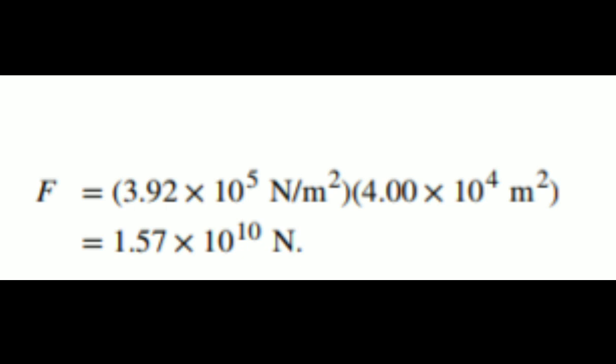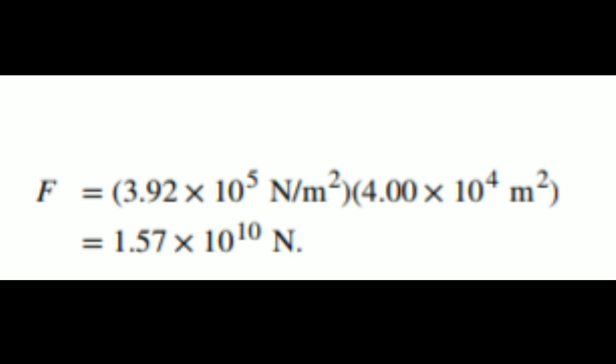Before that, we will use 3.92 times 10^5 newtons per meter squared as P and 4.0 times 10^4 meters squared as the area.